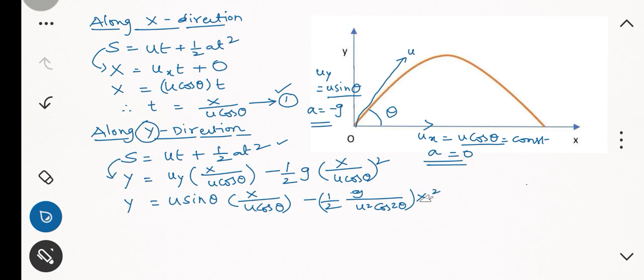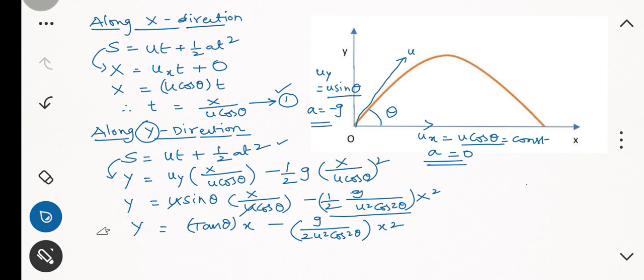We have taken x square outside the bracket. By cancelling u, we get sin theta by cos theta, which is tan theta, into x, minus g divided by 2u square cos square theta into x square.